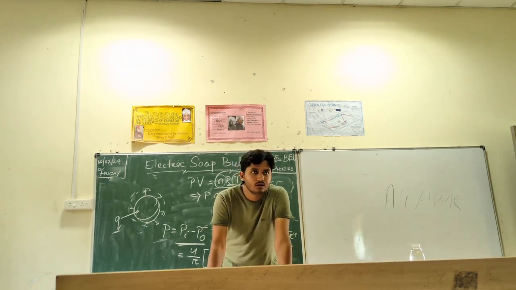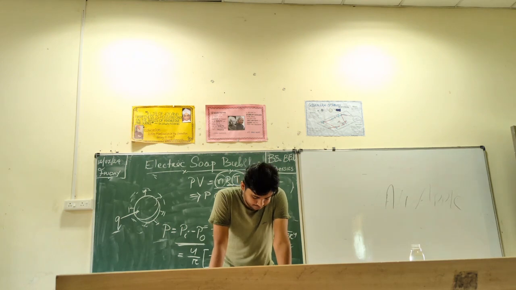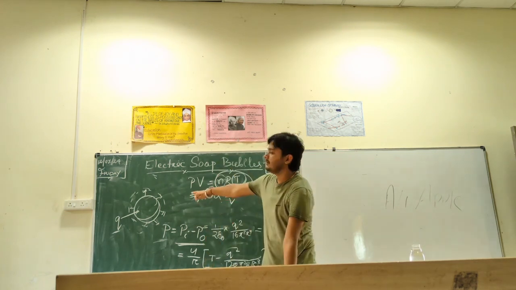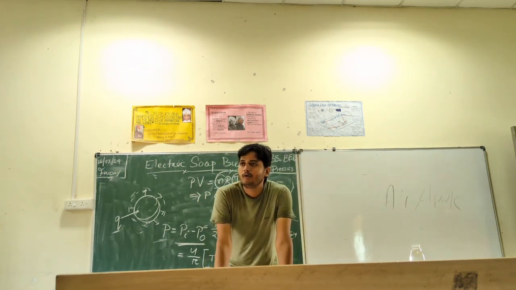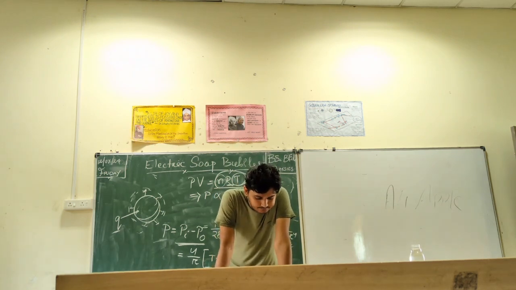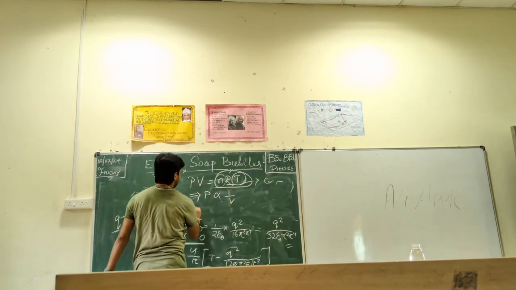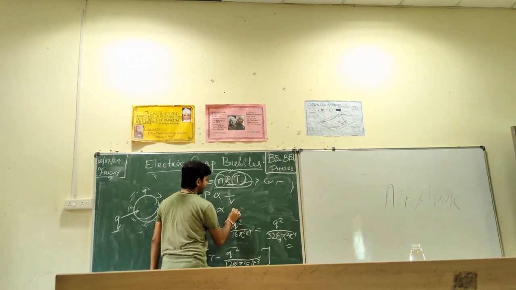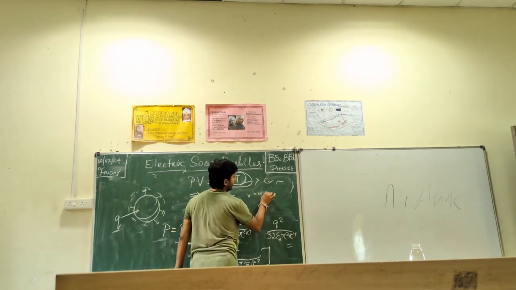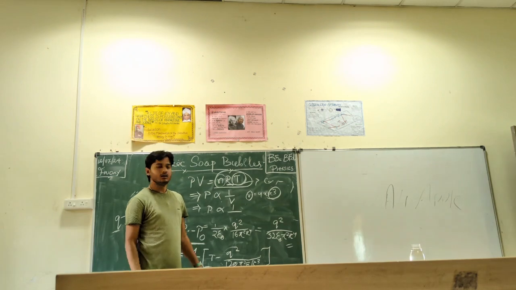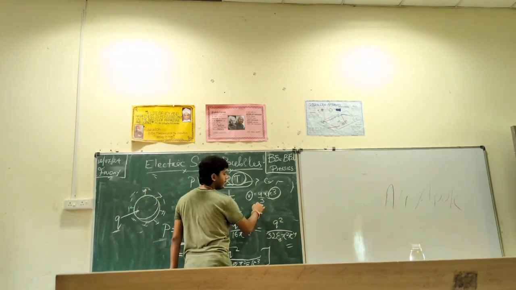P is inversely proportional to V. Here we know the volume of this sphere. You know the volume, 4 by 3 pi r cube.